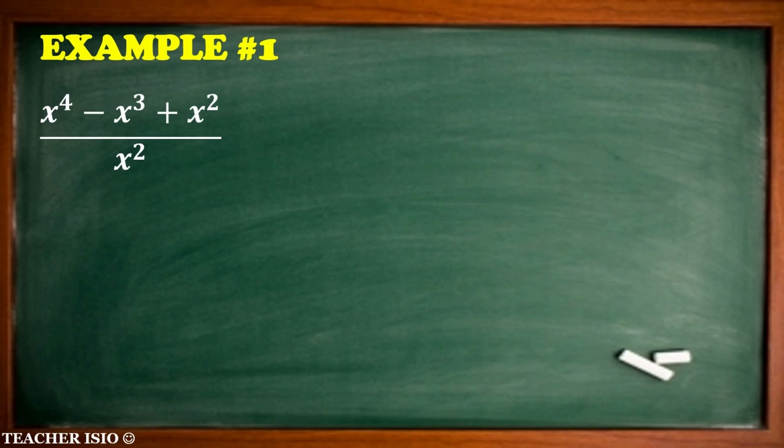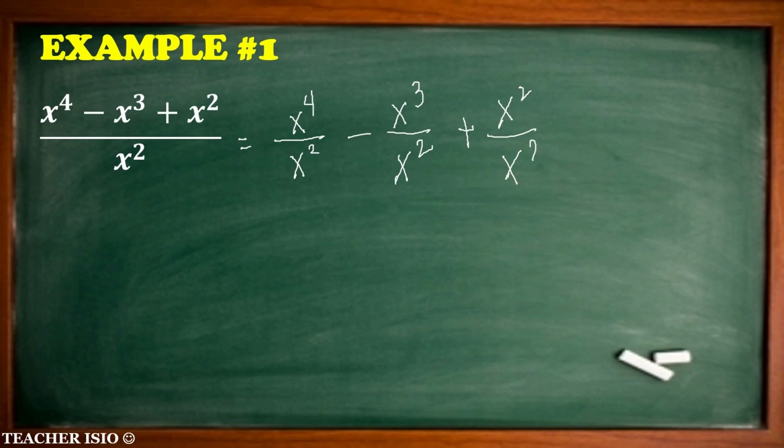So ibig sabihin, ang gagawin lang natin, we have x raised to 4 over x squared minus x cubed over x squared plus x squared over x squared.